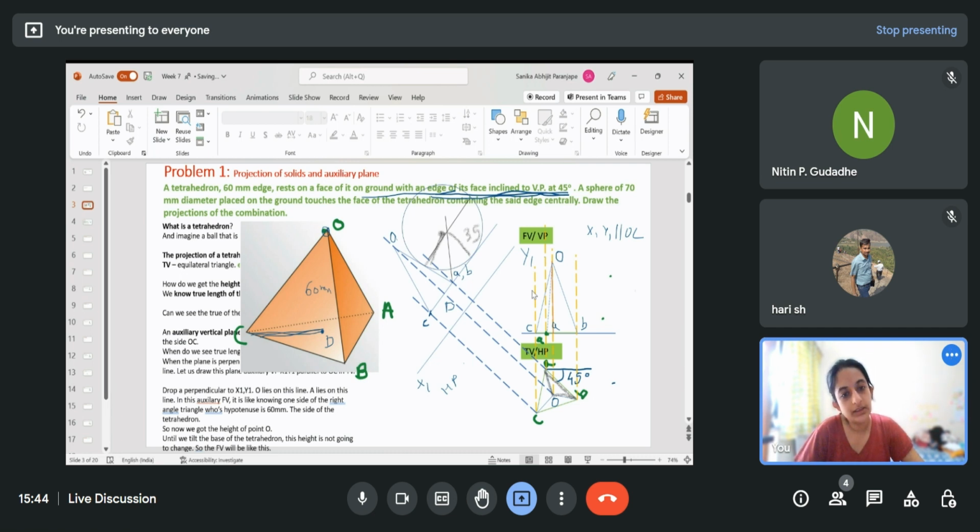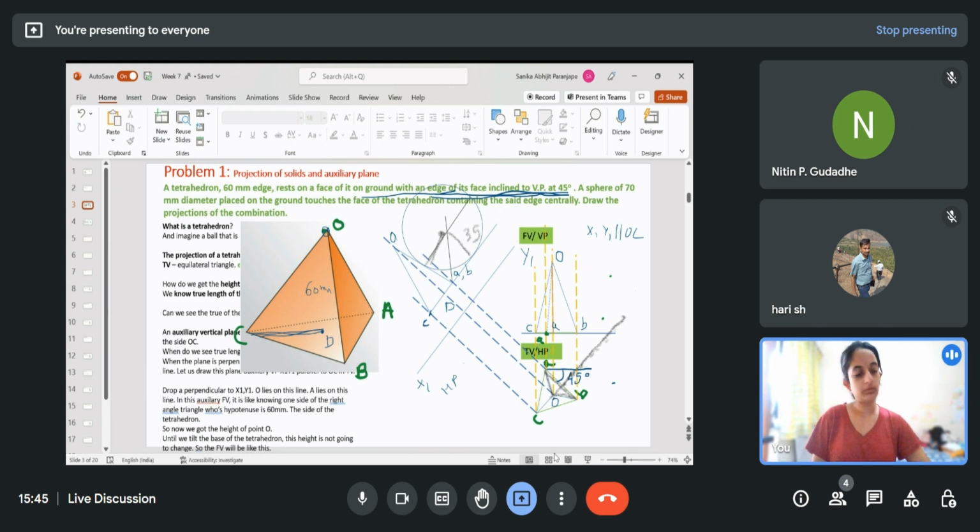So now once you get this circle, when you look from the top view, if this is the face, the center of the circle could have been anywhere along this line. But only in the front view, where you see the triangle, you can locate the exact center.